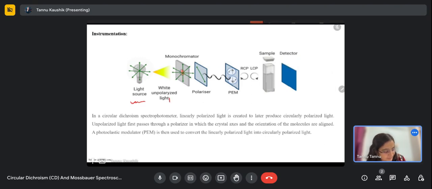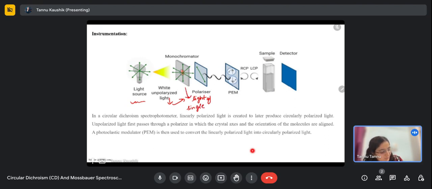White light is basically a light which consists of all wavelengths, that is, all lights in the visible region. So if we pass it through a monochromator, we will get a light of single wavelength.